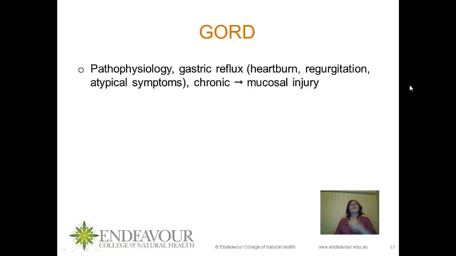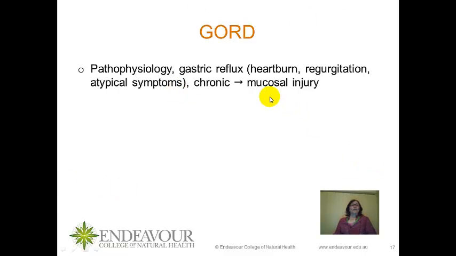Regurgitation of the contents, sometimes people can taste it at the back of their throat. And then various people show some atypical symptoms, referral of pain, and you would know that for some people they just experience a non-specific chest pain. They don't even know where to give as the source of the pain, and it could even for them be heart, lung, they cannot pinpoint.